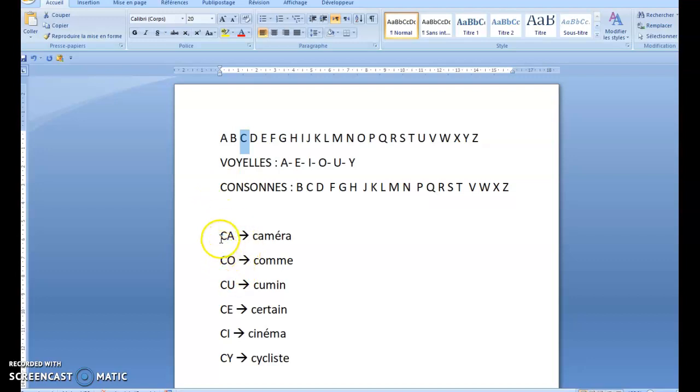For example, C and A has the sound like K. C and A, ka. Camera, for example. You see here we have what we call in French accents. We're going to see this later.